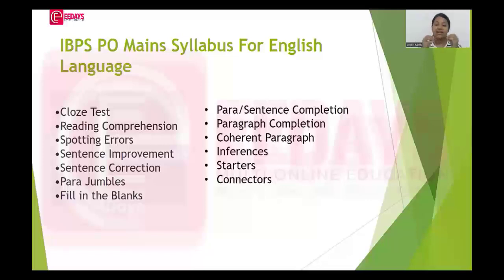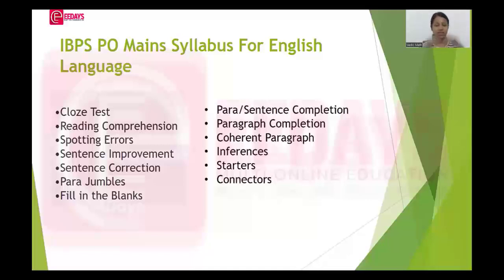So coming to connectors, connectors are usually phrases or clauses or conjunctions. So you are going to use appropriate words so that any two statements, any two passages, or any two clauses or phrases and clauses get connected, delivering a proper meaning.